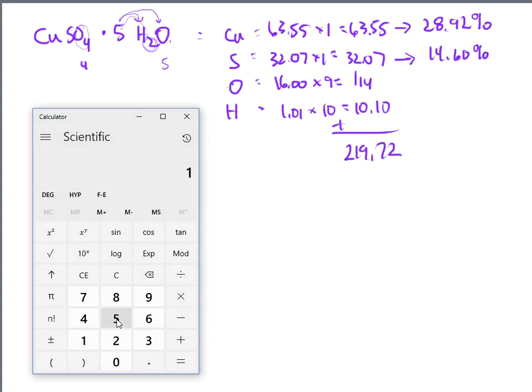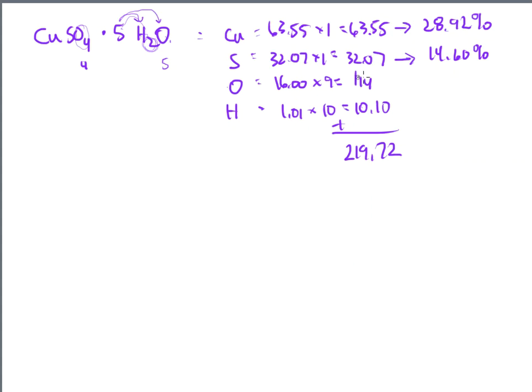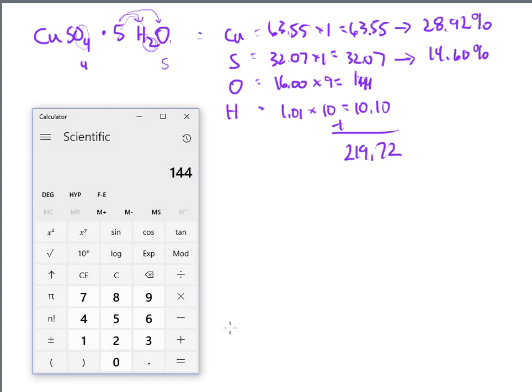Next, 16 times 9. That gave me 144, not 114, right? 144. That's why I double check that one. So that 144 is going to be divided by 219.72, multiply by a 100, and I'm going to get 65.54.